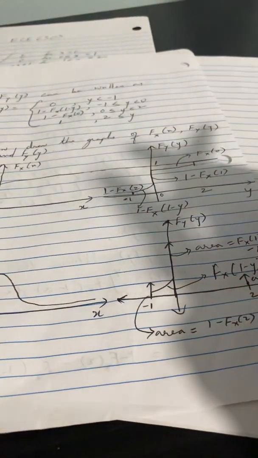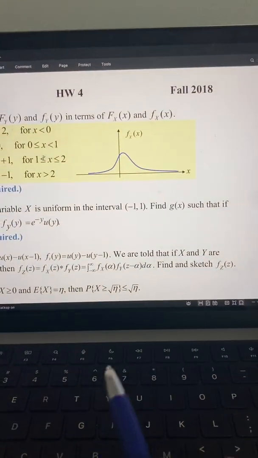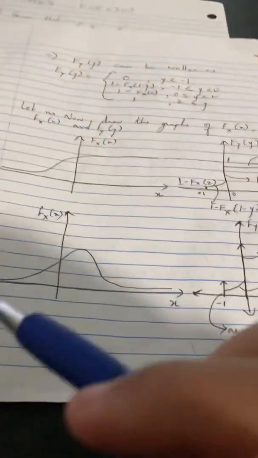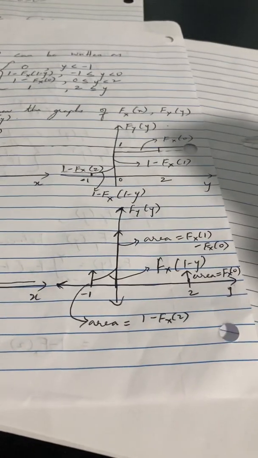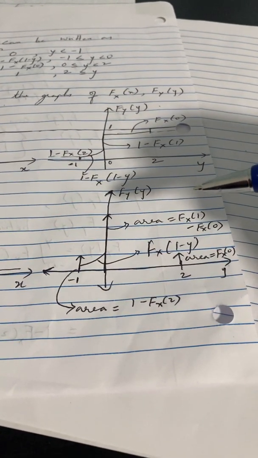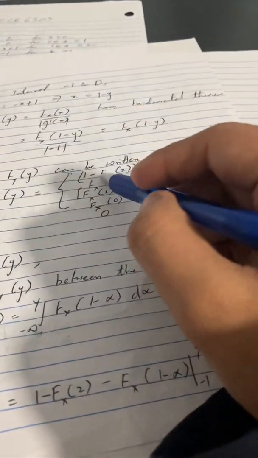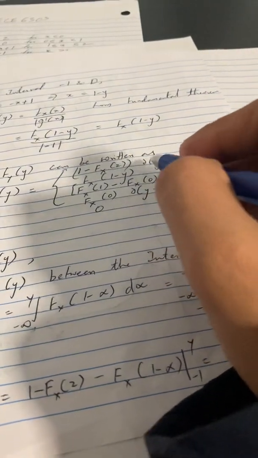We are given the data here as F of x of x, so I've just copied it down. And then for the density function of y, we have followed this graph, which is 1 minus F of x at 2 times the impulse function of y plus 1.